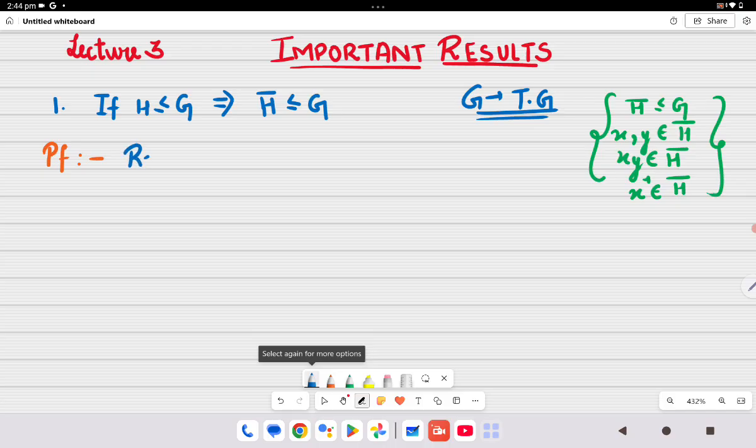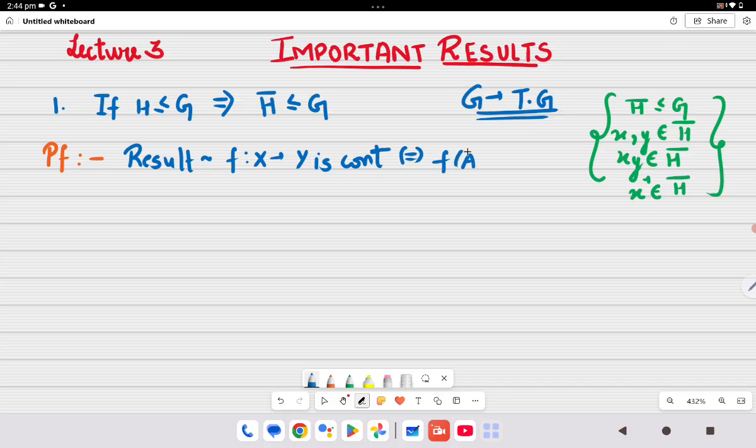Okay, so basically यहाँ पे हम एक result use करेंगे that f from x to y is continuous if and only if f of A closure is contained in f of A whole closure for all A subset of x.